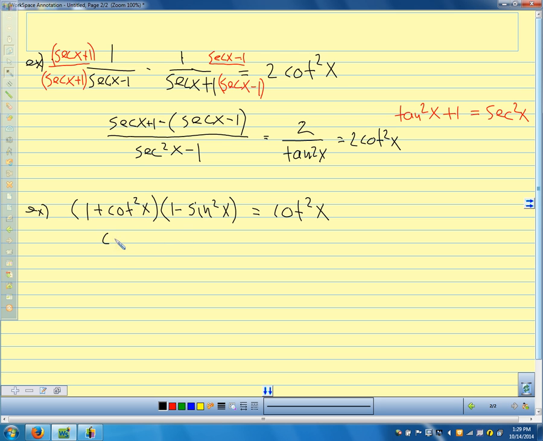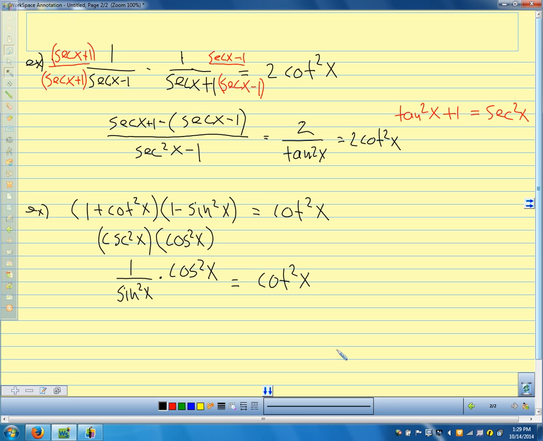So this is cosecant squared x. 1 minus sine squared is cosine squared. Well, cosecant squared x is 1 over sine squared x times cosine squared x, and that equals cotangent squared x.